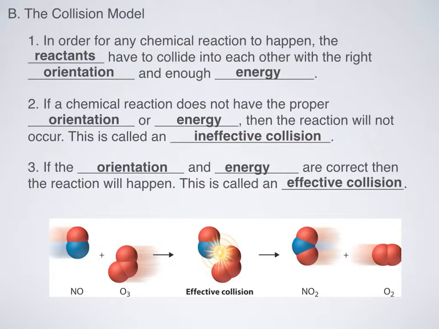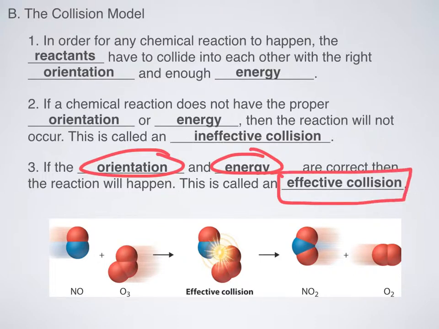So obviously there has to be a converse to this. What's the opposite of an ineffective collision? Well, if the orientation and the energy are correct, we call that an effective collision. And this is a really good example. So we have NO plus O3, and then you have, as a product, NO2 and O2. So notice, in order for this reaction to happen, first of all, you have to have the right amount of energy.